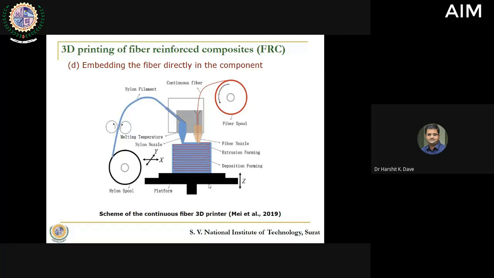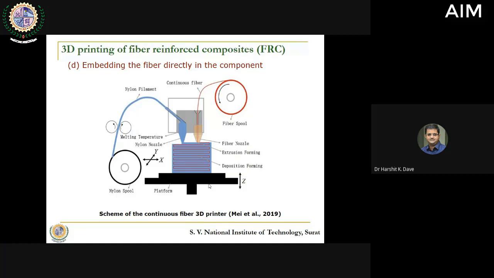Now it is very important to note that the part that you have modeled, the 3D model that you have created through the CAD software, there you have already defined how much polymer content you want and how much fiber content you want, and accordingly the machine will decide the printing strategy, the G code or M code or the program that it generates.